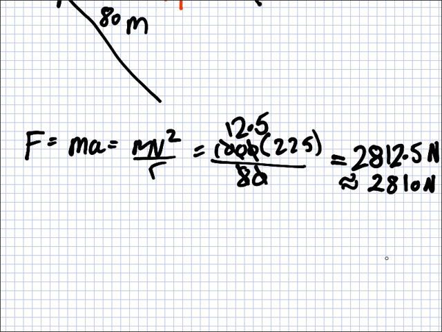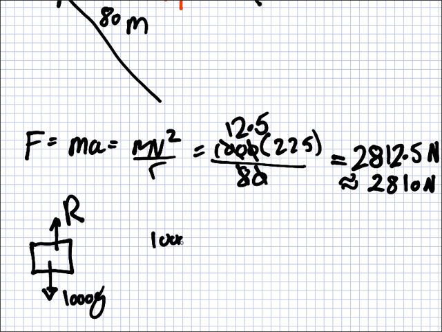Show that's roughly 7,000. So if you look at the car now, there are two forces acting on the car. Yeah? You have a weight of 1000 g, and a reaction, and which is bigger? The weight is bigger. In fact, 1000 g minus R should equal 2812.5 newtons.